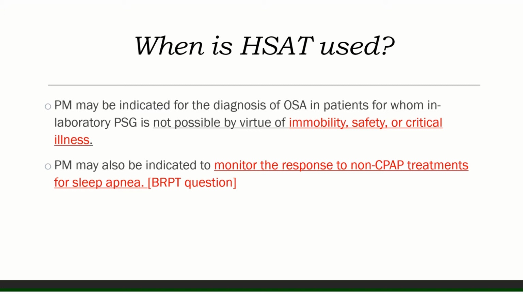We could suggest lifestyle changes like weight loss and things like that. So we give those methods time to work, or at least we give the patient a reasonable amount of time to do those things, and then we would send them home with the portable monitoring device to see if it's actually working for their sleep apnea.